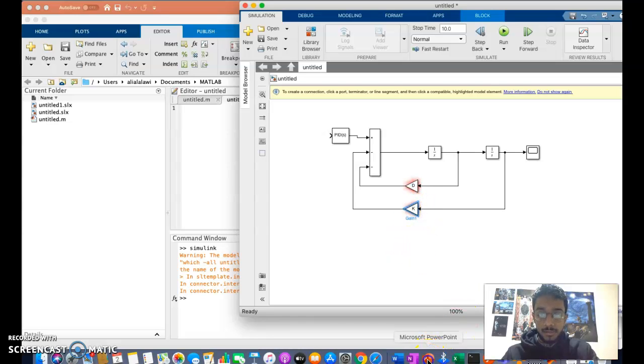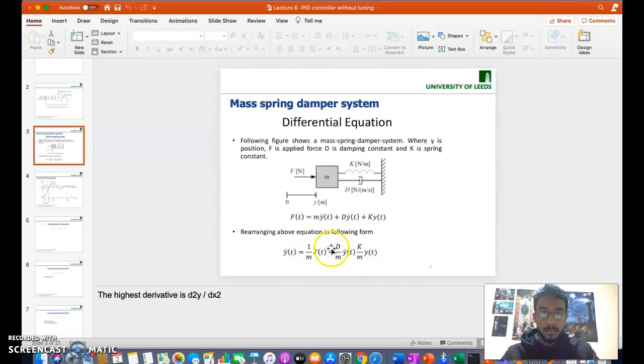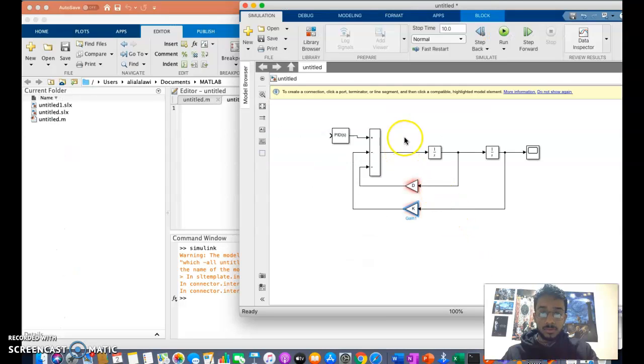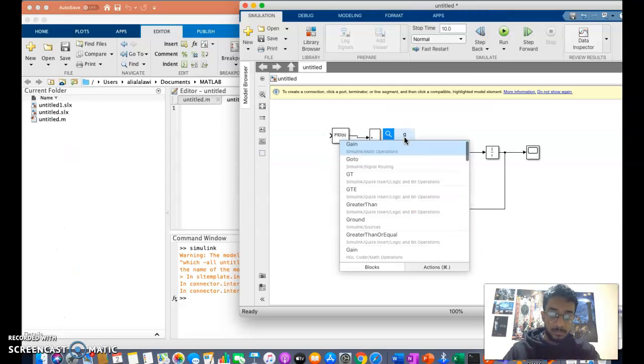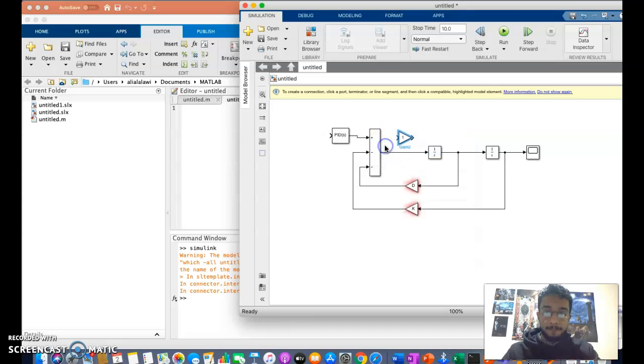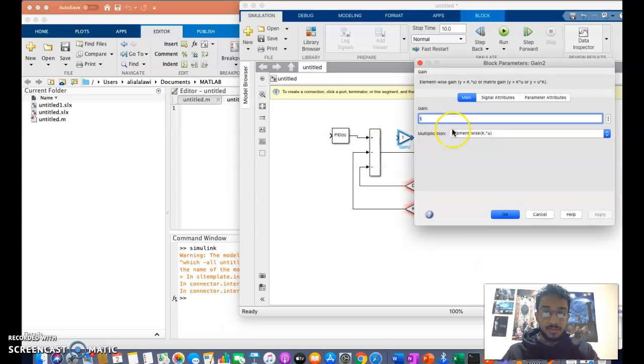And bear in mind here that the distance and the velocity and the force are divided by m. So here we will divide by m by multiplying by 1 over m.